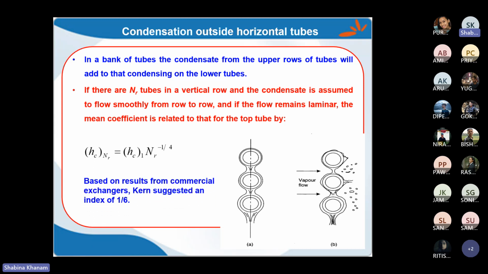However, when we consider commercial heat exchangers, Kern suggests that instead of 1/4, it should be 1/6. The magnitude is lesser than 1/4, but because of the minus sign, in a commercial exchanger we could experience a bit more heat transfer coefficient than this.